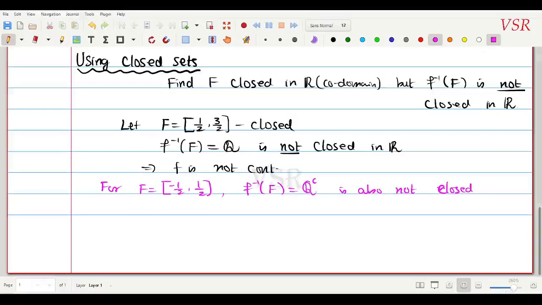Okay, so இதே மாதிரி we have shown that f is not continuous. The inverse image of a closed set need not be closed. It implies that f is not continuous.